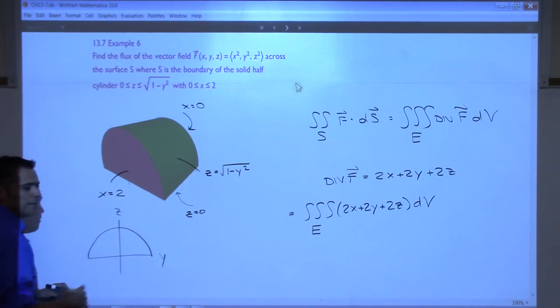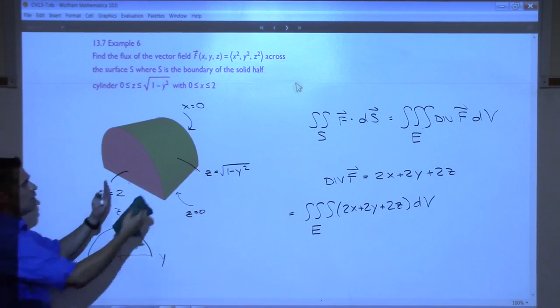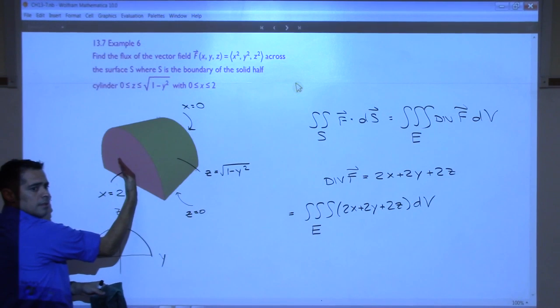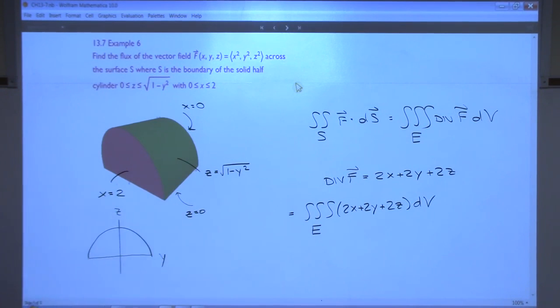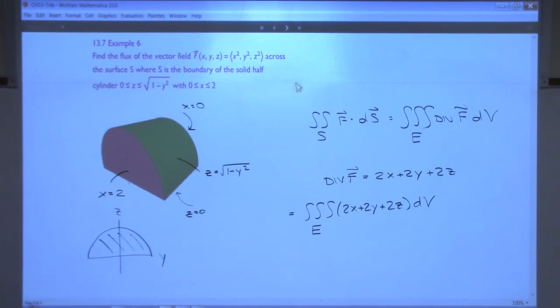The only other thing for me to figure out is what about x? Well, x is 0 to 2, right? So that should be easy to control, x between 0 and 2, and I'm done. It's just a matter of converting this region over because it's not a type 1 or a type 2. It's more of a polar region. So you all with me?